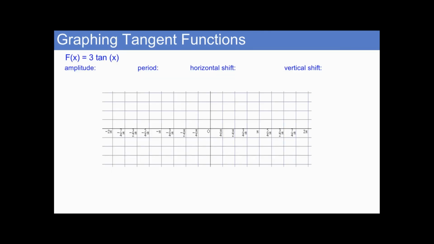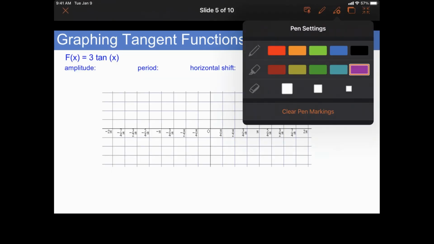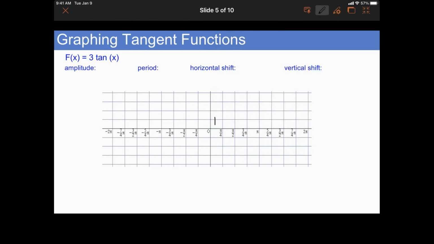All right, so let's graph. Yes, I'm going to graph the parent graph. It's so you can make sure you know it. And remember that our parent graph straddles the center, goes here and here.